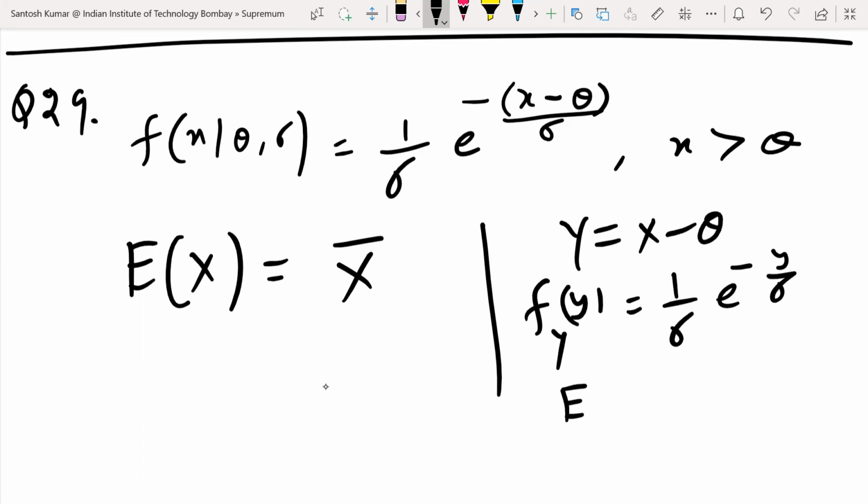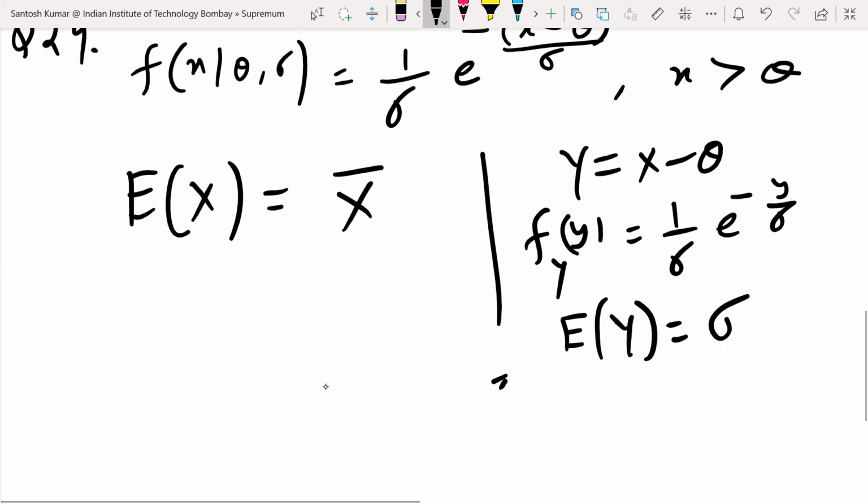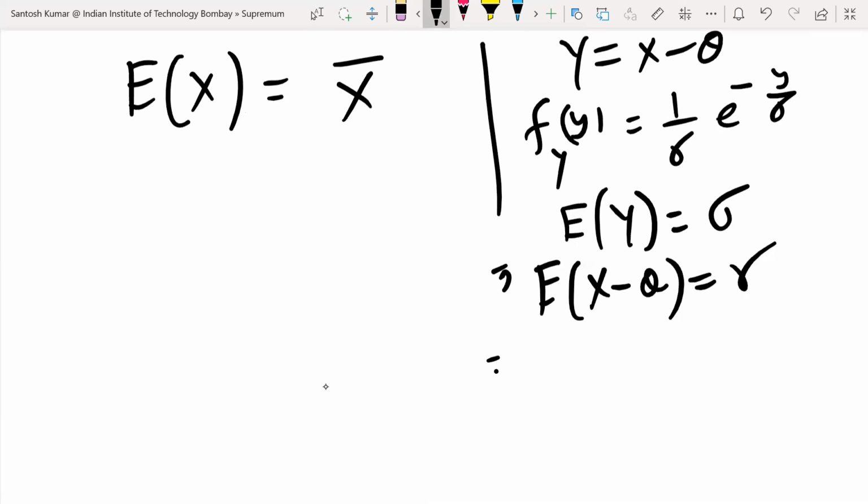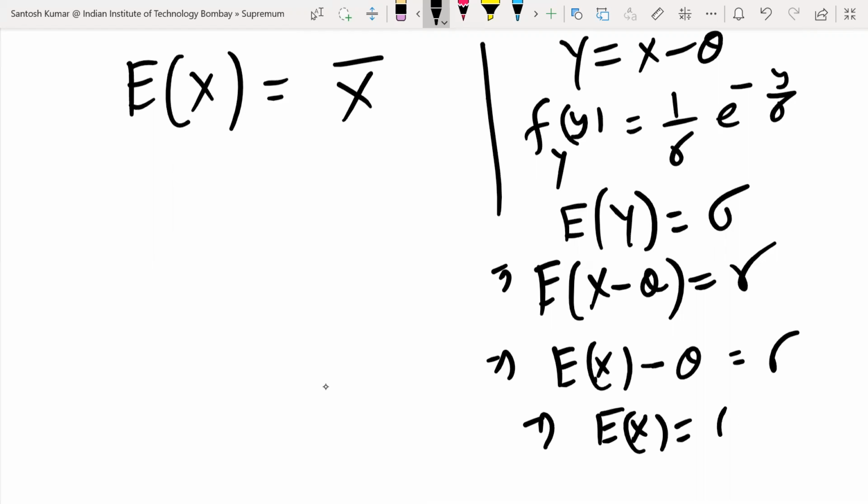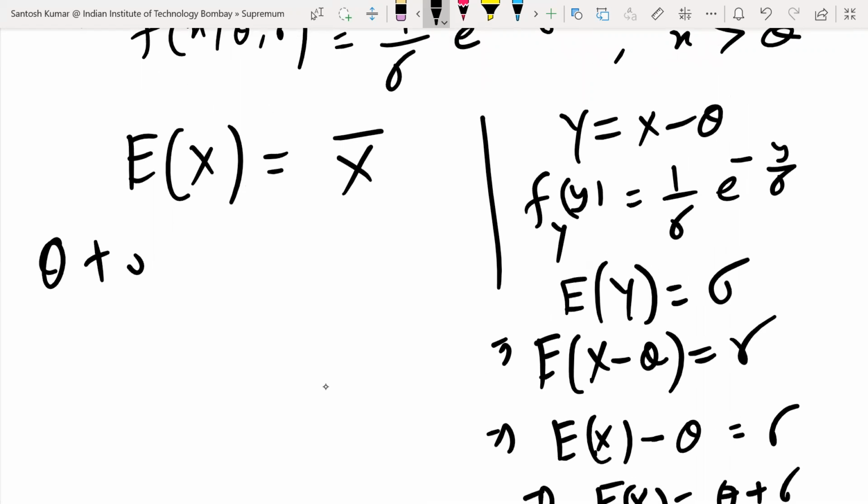So the mean of y is sigma, and y is x minus theta, so E of x minus theta is sigma. Theta is a parameter, not a random variable, so E of x is theta plus sigma. So we got theta plus sigma is equal to x bar. This is the first relation.